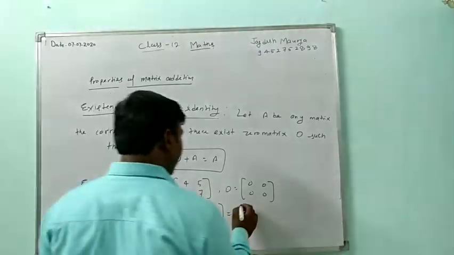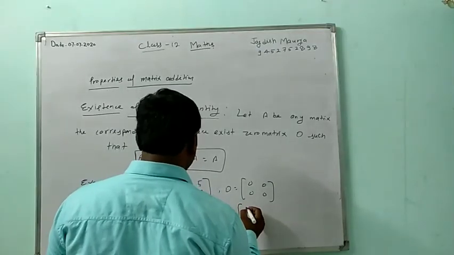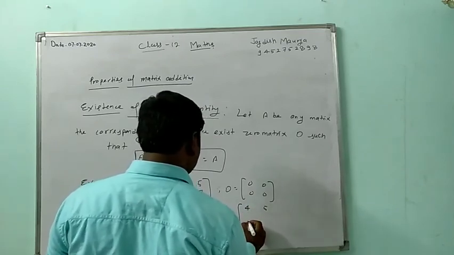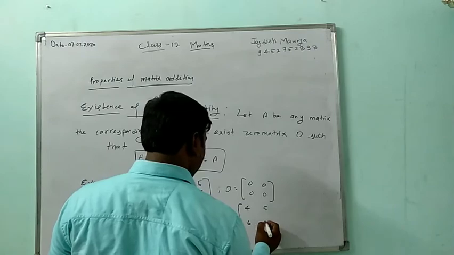This will come 4 plus 0, 4, 5 plus 0, 5, 6 plus 0, 6, 7 plus 0, 7.